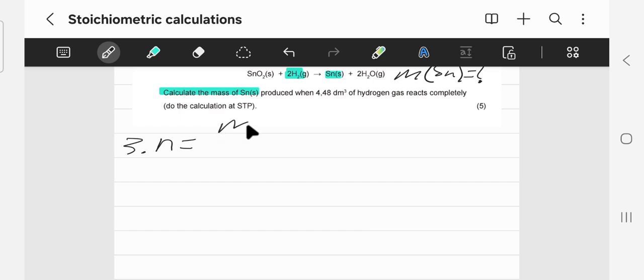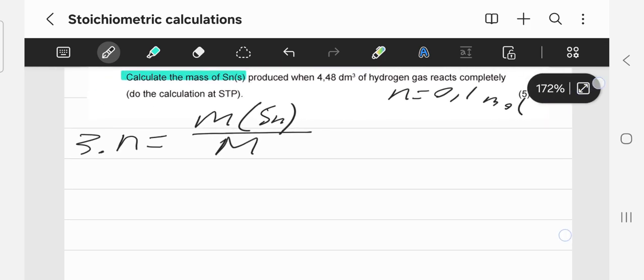N is equal to m of what? Sn. We are looking for the mass of Sn. So it's going to be mass divided by molar mass. What is the number of moles of Sn? Remember, we just found them from step number 2, and our answer was 0,1. So we are going to substitute this here.